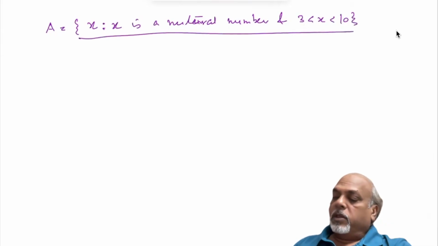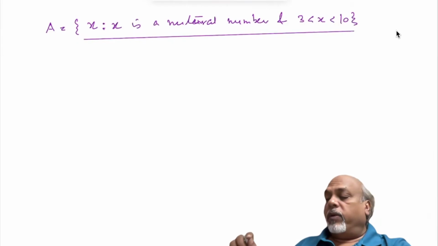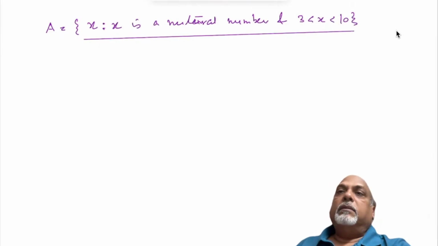So it means A is the set of all x, where x is a natural number, and x should also be in between 3 and 10. Correct? So what will be these numbers?